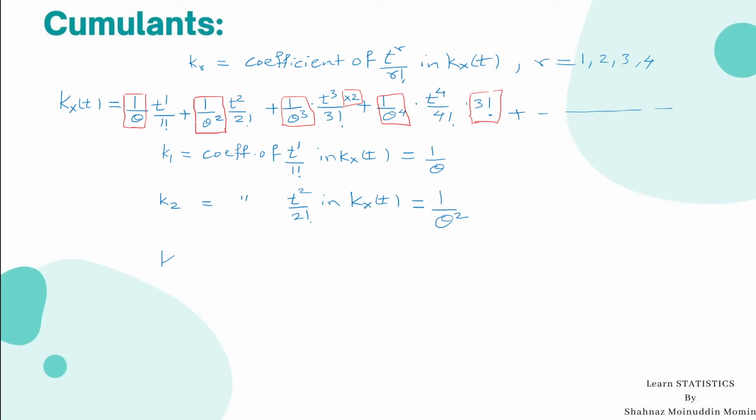Similarly, k3, the third cumulant, is the coefficient of t cube divided by 3 factorial in K_X(t), the cumulant generating function, and which is here 2 by theta cube.